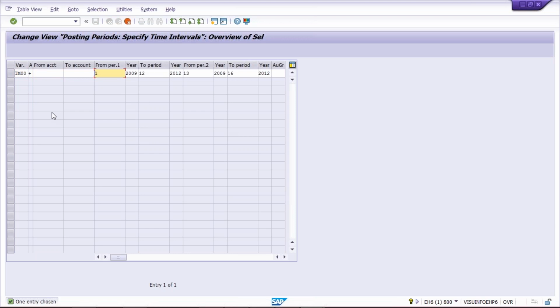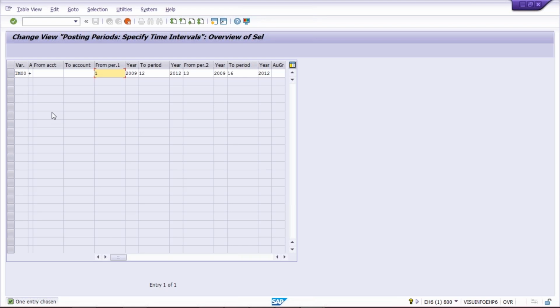Let's suppose we are using calendar year. In the next session I'm going to cover the fiscal year variant, guys, where we are going to define non-calendar year. Once we define non-calendar year, I'm going to change the posting period variant again. But I have to make you understand about posting period variant, so I'm going to give you an easy example.